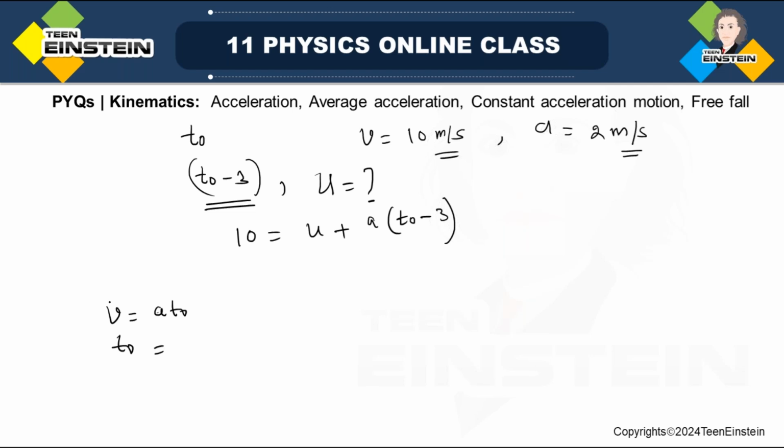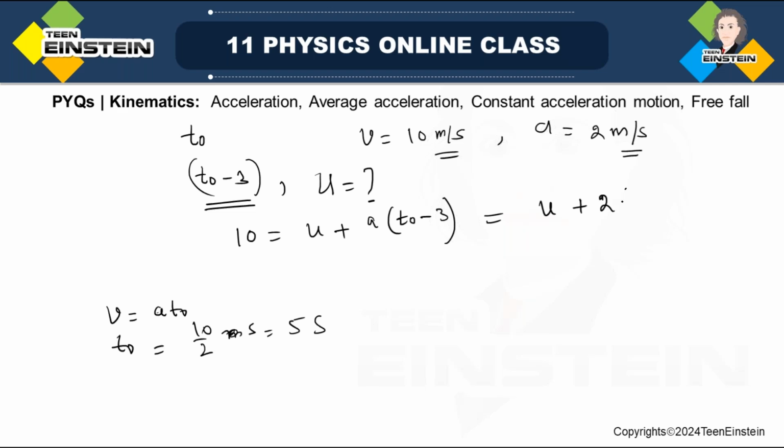Let us say the velocity is 10 meter per second, the acceleration is known, and the initial speed is 0. In that case, what is the time t0? It is 10 by 2, which is 5 seconds. If I do that here, let me find out u.